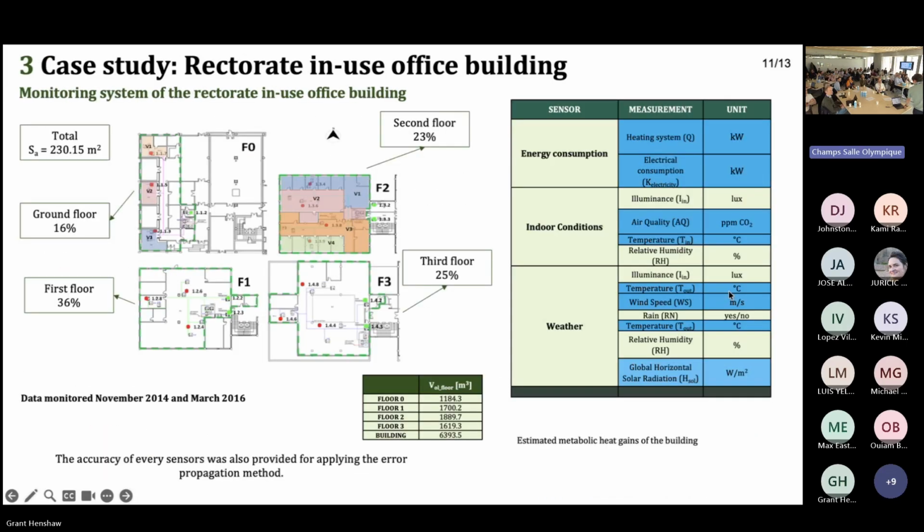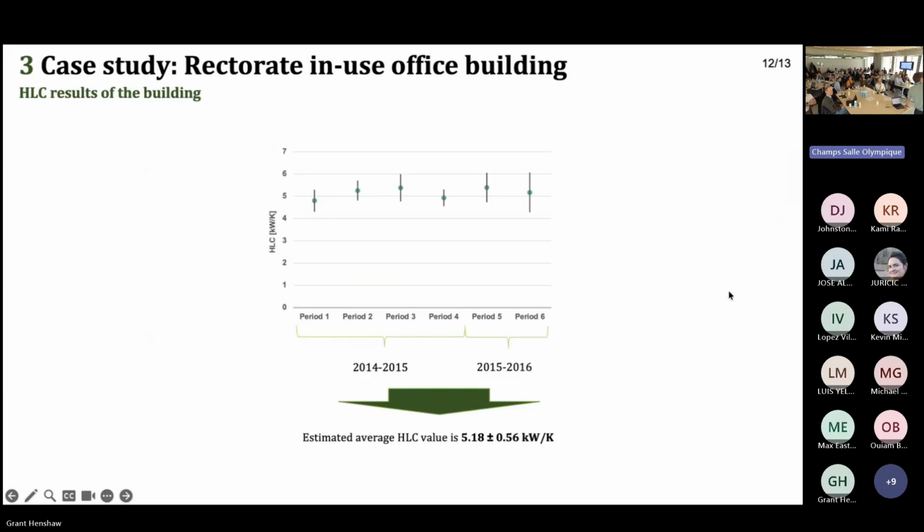We applied that method to this big building, this West Block, and we were able to find 6 independent periods in 2 different winters. For example, December, January, February, March, December, January. I don't remember them exactly. But they are different periods, completely independent between them.